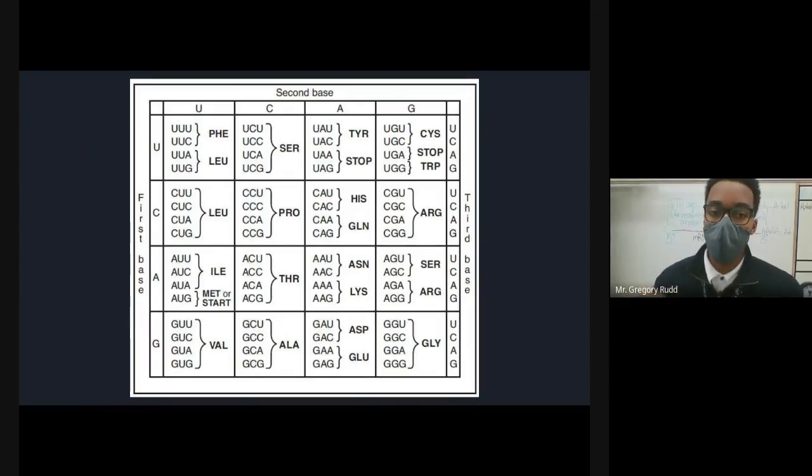UUU and UUC give you the same amino acid. UUA and UUG also give you the same amino acid. Why do you think that is? Why does that benefit the cell to allow for certain changes?